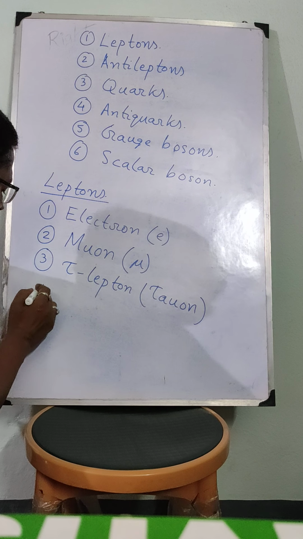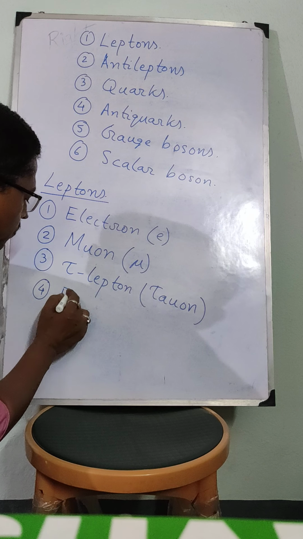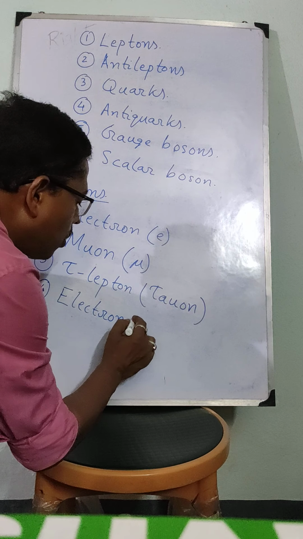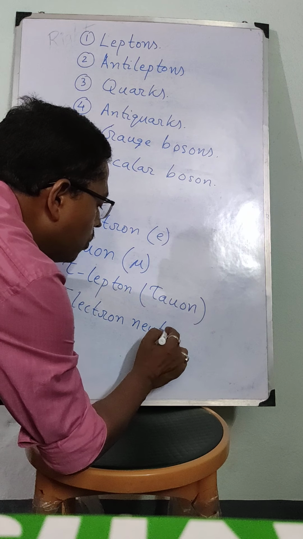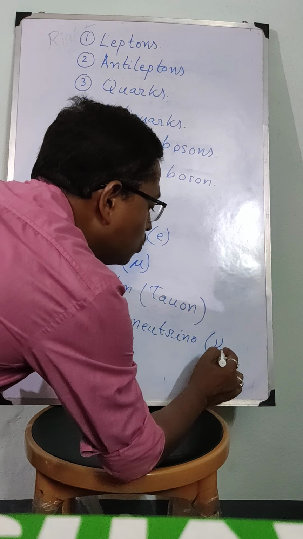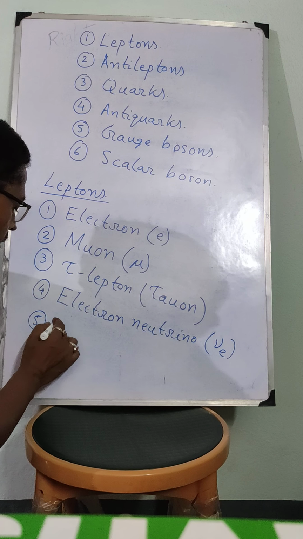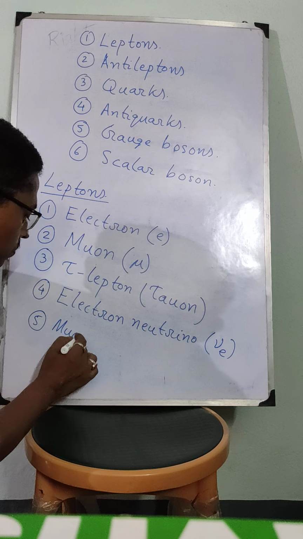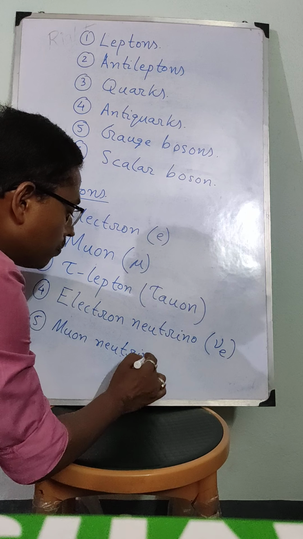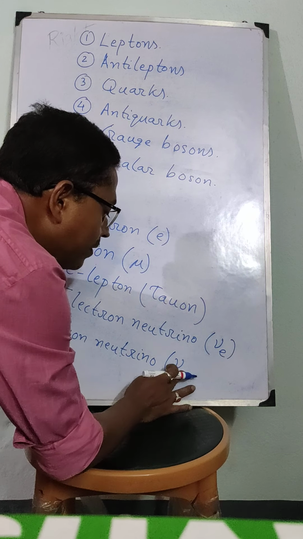Okay, then come the neutrinos, that is electron neutrino. These are very light particles. Electron neutrino is denoted as nu with suffix e. Then muon neutrino, denoted as nu with suffix mu.